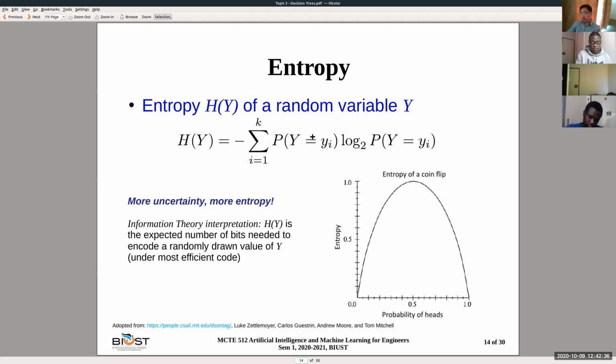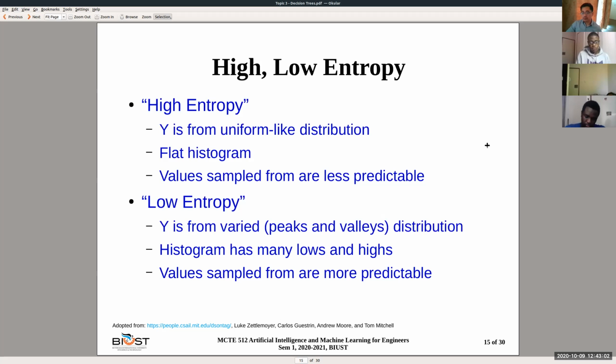So probability of no multiplied by the log of probability of no, minus probability of yes multiplied by the log base 2 of probability of yes. For example, if you have good or bad, it is probability of good times log 2 of probability of good, minus probability of bad times log 2 of probability of bad. Then it gets clearer as we move along.